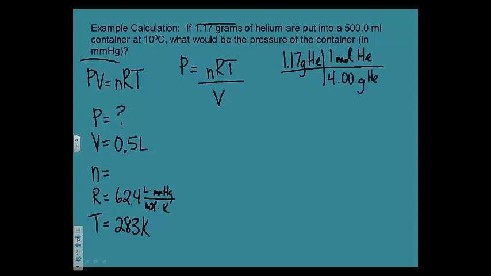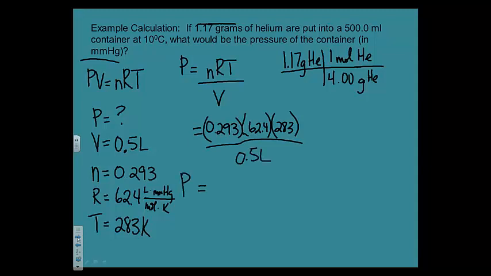So what is 1.17 divided by 4? It is 0.293. So that's my value for n. So 0.293 times R, which is 62.4, times the temperature, which is 283, all divided by the volume, which is 0.5 liters.